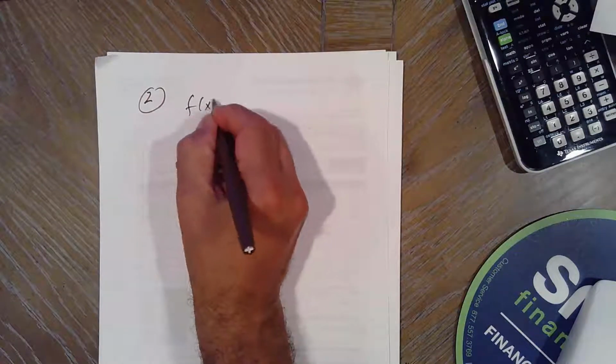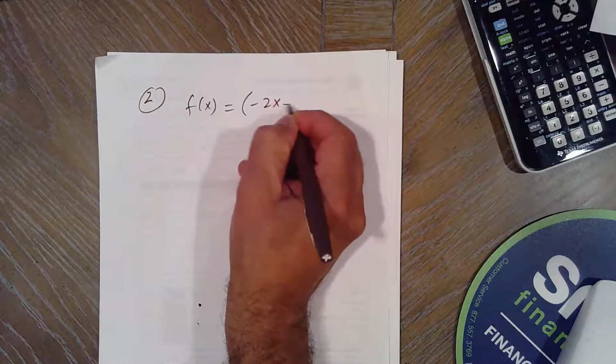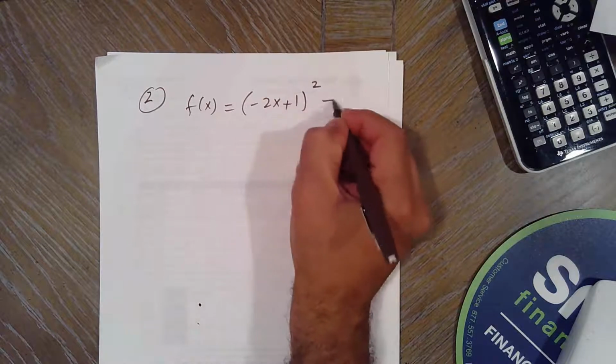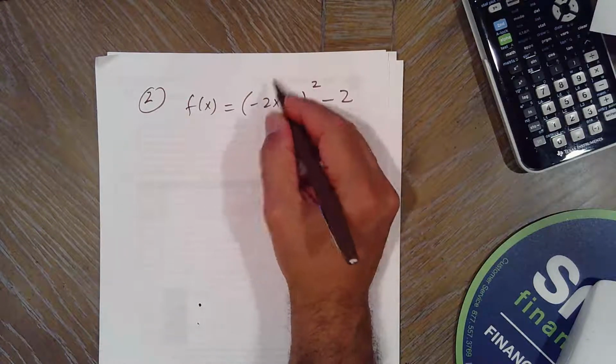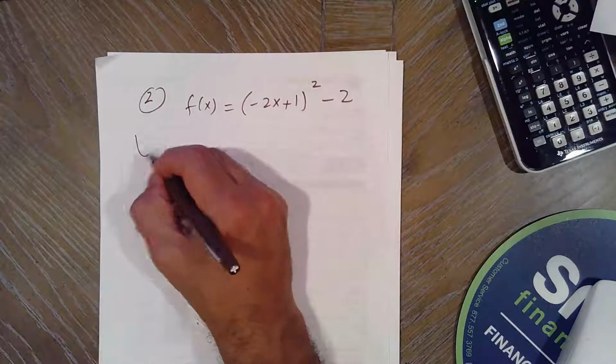f of x equals negative 2 times (x plus 1) squared minus 2. Since we have a square, not a square root or absolute value, it's going to be U-shaped, okay?